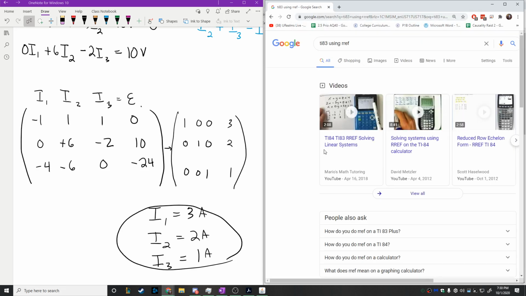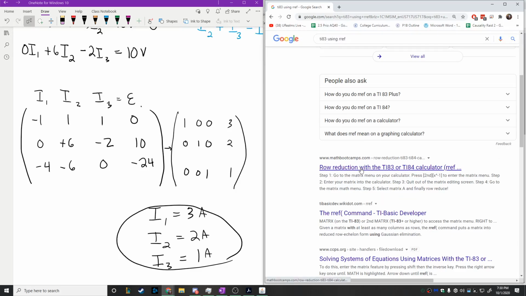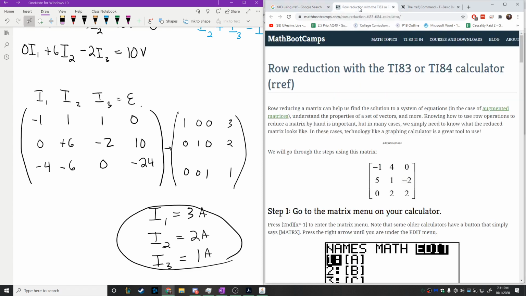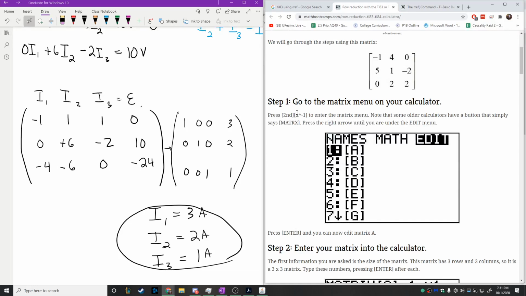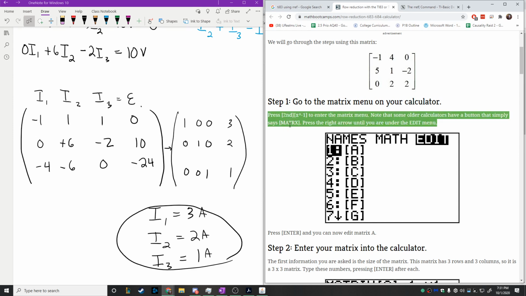I'm sure one of these will tell you as well. You basically need to put the matrix in by going into here. You push second. Somewhere on your calculator, you're going to have something that says matrix. If you have one of those calculators, you can do it right now. Second, X inverse is what it's saying, but look around, you're going to have something that says matrix.